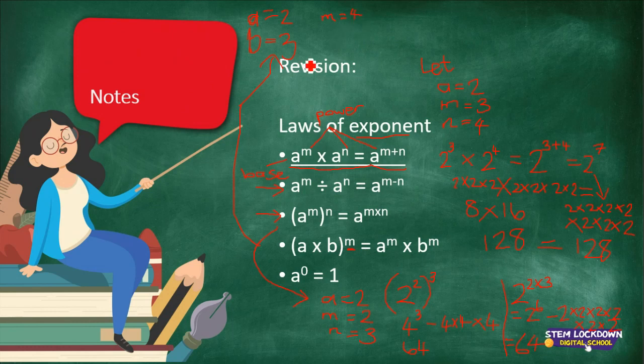Okay, now if a is 2 and b is 3, so this will be 2 times 3, all raised to the power m, which is 4, all raised to the power 4, right?